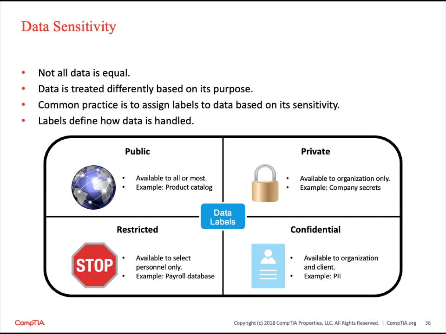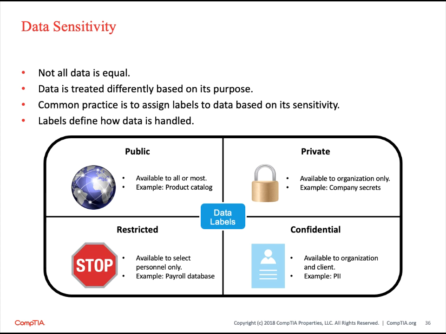We might have different labels depending on what type of organization we are. We might have secret, top secret, etc., or public trust. However, these are other labels that are rather common.